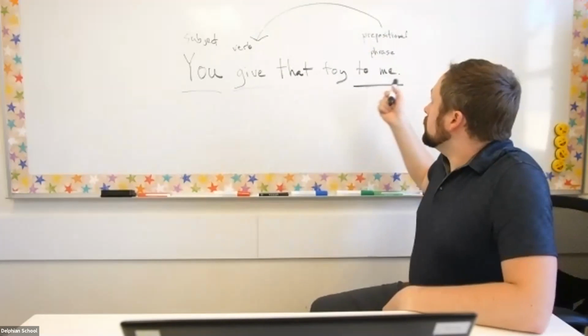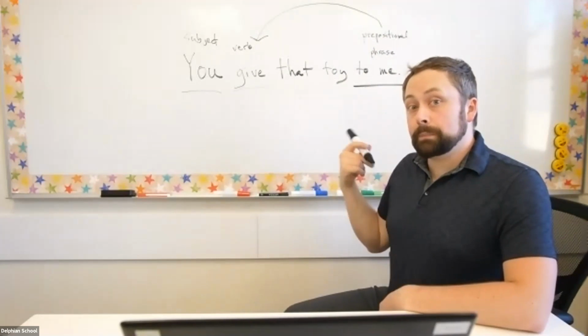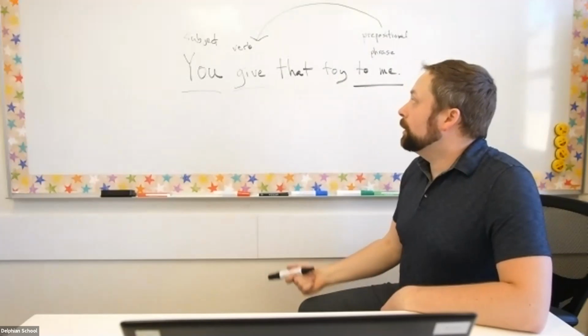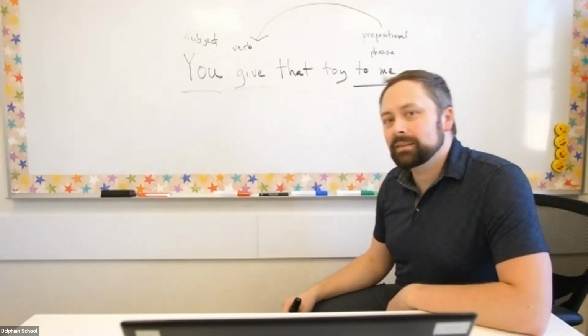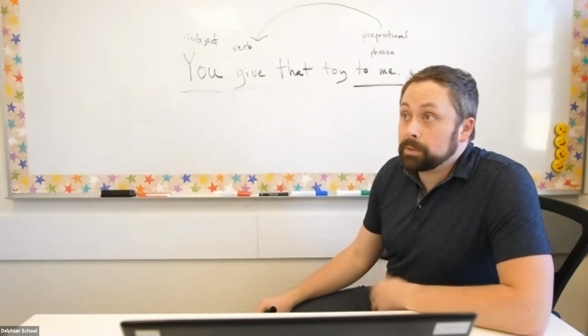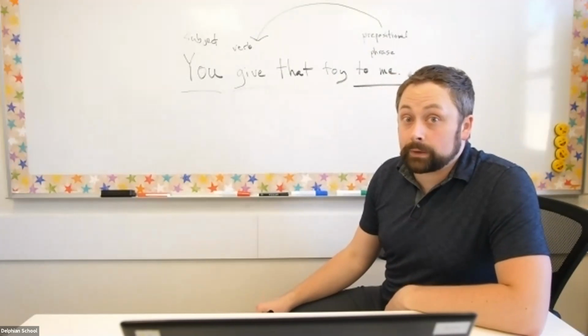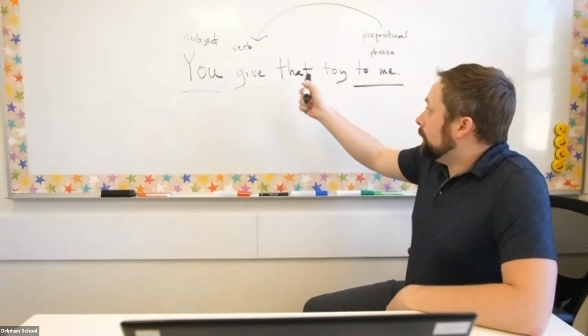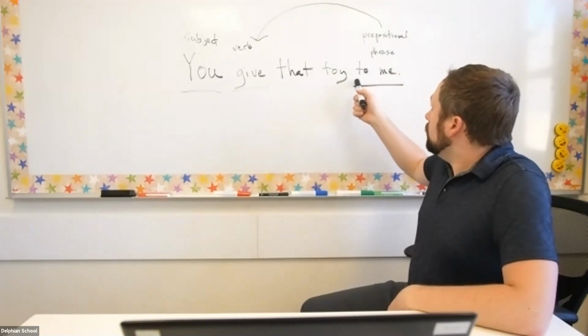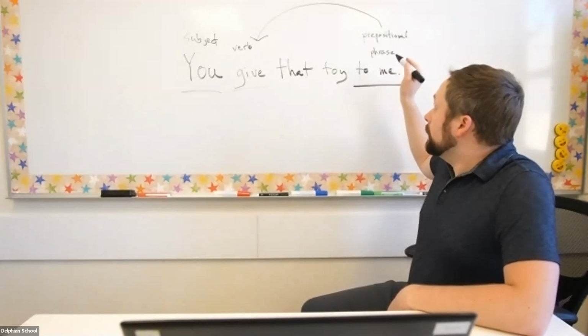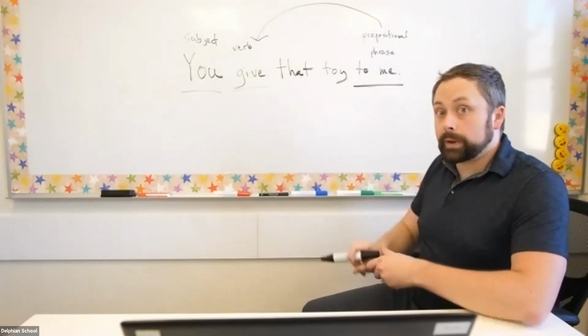You could actually move this to a different place in the sentence based on what it's modifying. You could say, you give to me that toy. That would sound a little bit funny, but you could argue that maybe it's grammatically correct. You give that toy to me. To is a preposition. It starts a prepositional phrase, and it's modifying the verb that we have here.